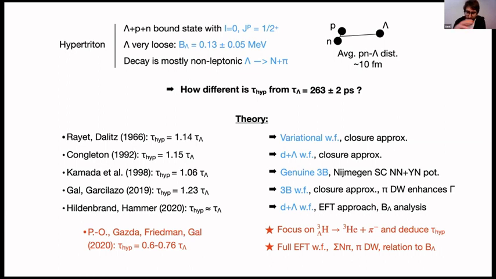It's microscopic, so we use state-of-the-art EFT potentials in the wave functions. We include also the sigma. So this picture above is very schematic and simplified. There are many amplitudes that contribute to the wave function.